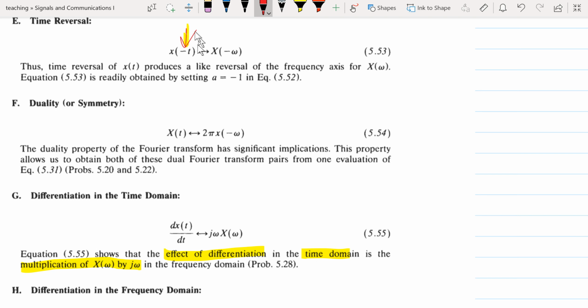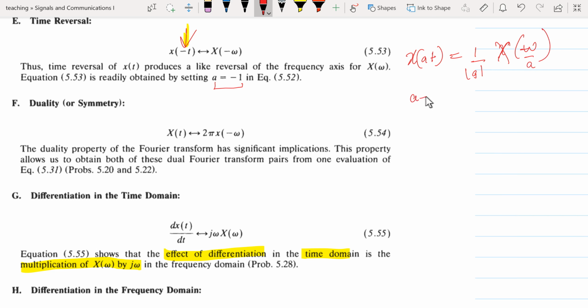And this can be obtained from what we have just done above, where we said that x of at is equal to 1 over magnitude of a times X of omega over a.